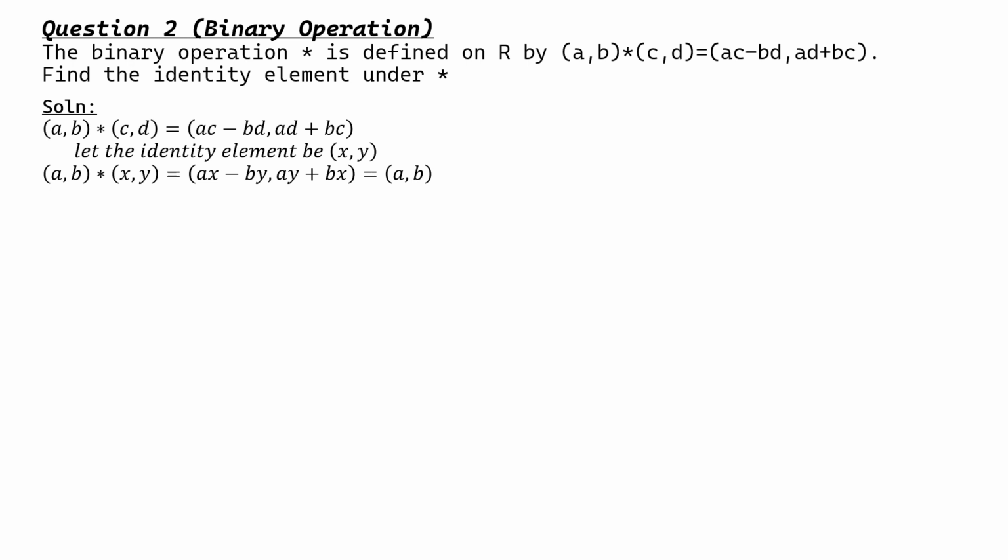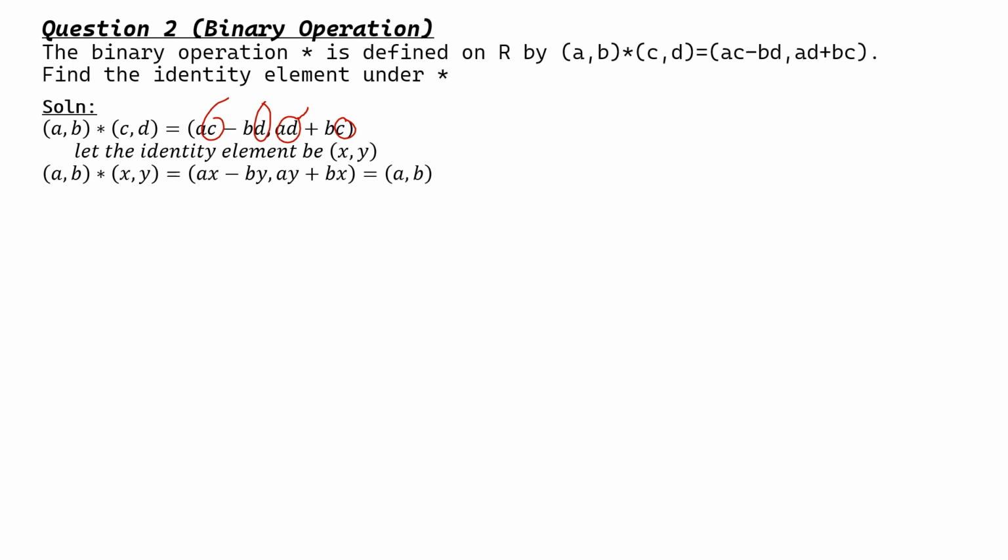So in this one, you can see C here, we place X there. This one we can see D here, we place Y there. We can see D here, we place Y there. We can see C here, we place X there. So simple. And we are saying that when you do all that with the identity element, you get back AB.